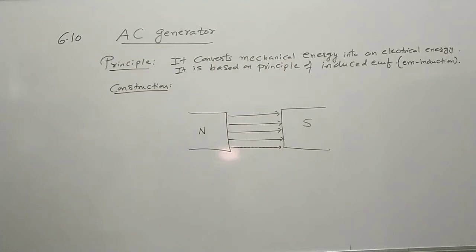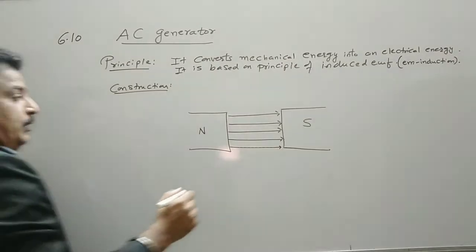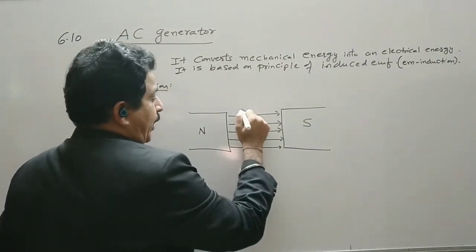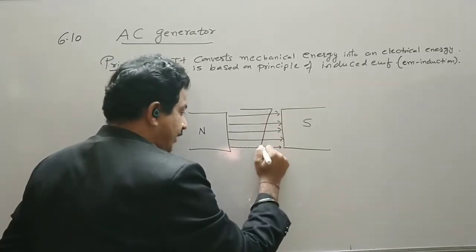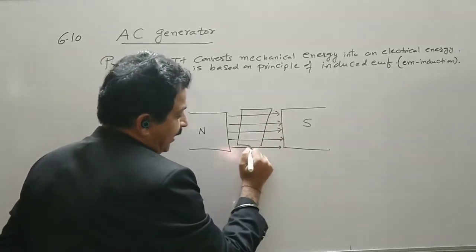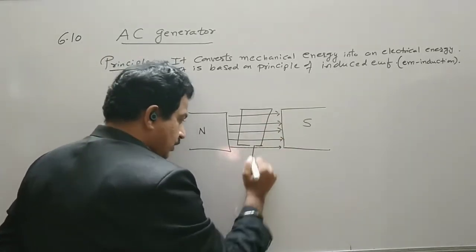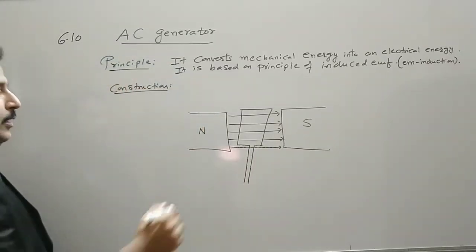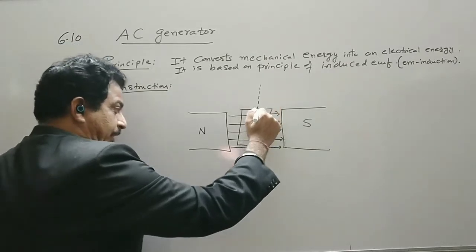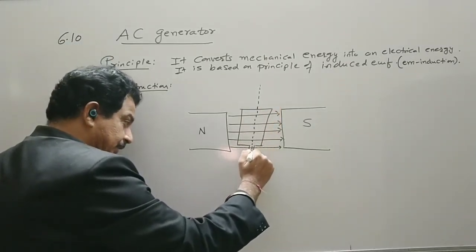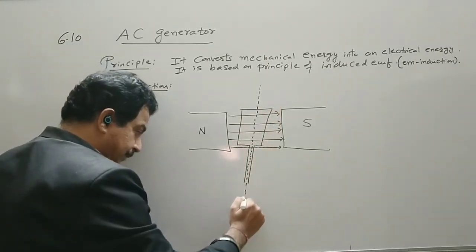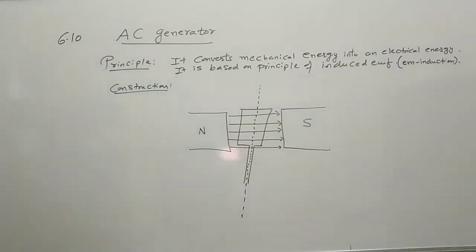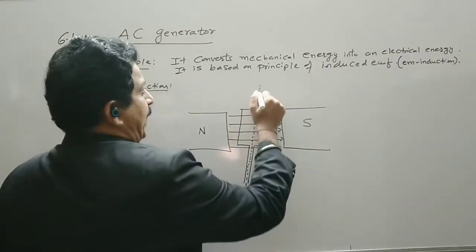In this uniform magnetic field, we place a coil having N turns. So we place a rectangular coil having N turns, and this coil is free to rotate in the magnetic field.